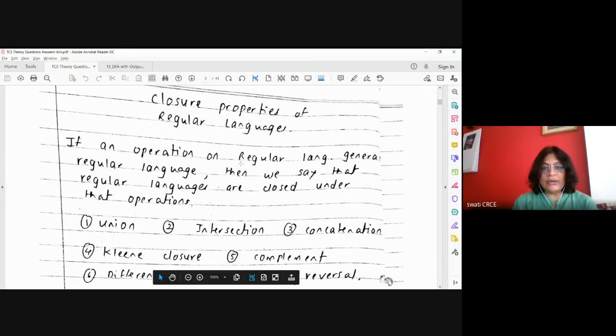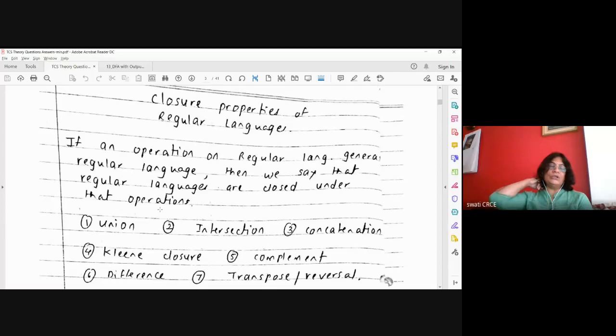If an operation on regular languages generates a regular language, we can say that regular languages are closed under that operation. If any operation on a regular language generates a regular language, it is called a closure property of the regular language. Like we have seen the closure property of a regular set: regular sets are closed under concatenation, intersection, union operations. Similarly, for regular languages, if you do any operation on a regular language and you generate a regular language, that is called a closure property.